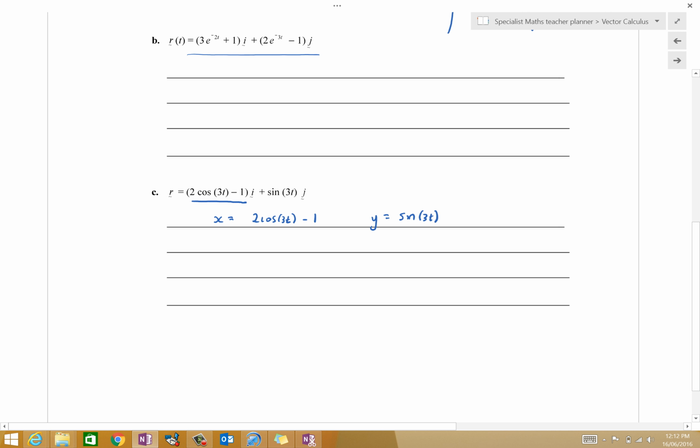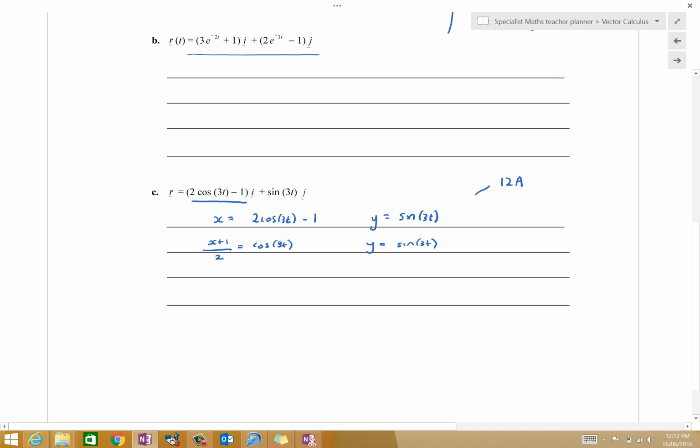Essentially, 12a is looking at these Cartesian equations and sketching them, which we've already done in chapter 1, more or less. Now, I'm going to say that x plus 1 over 2 is equal to cos of 3t. We need to find a relationship between those, and y is equal to sine of 3t.